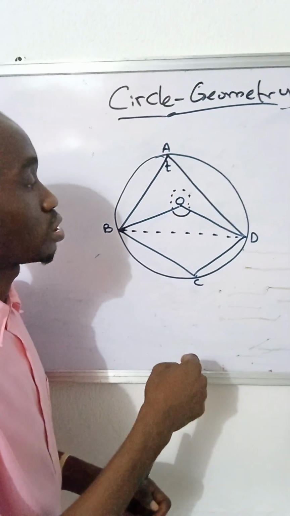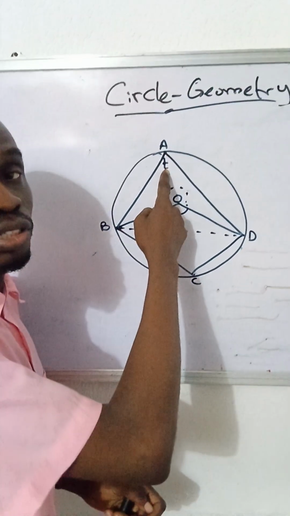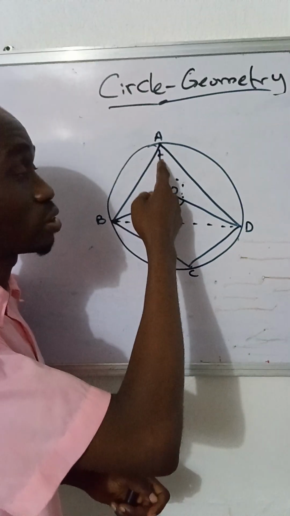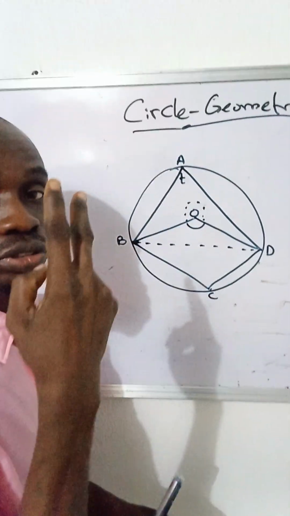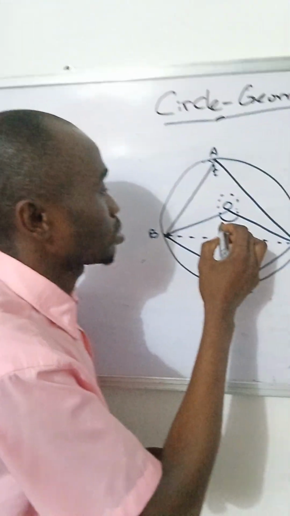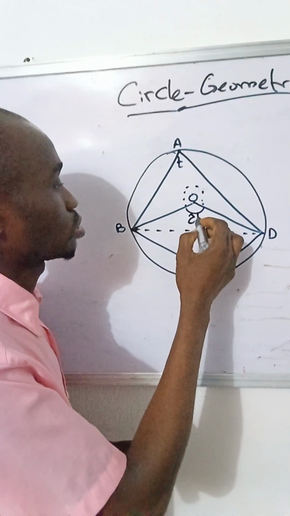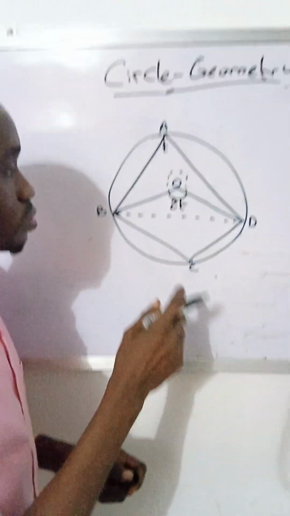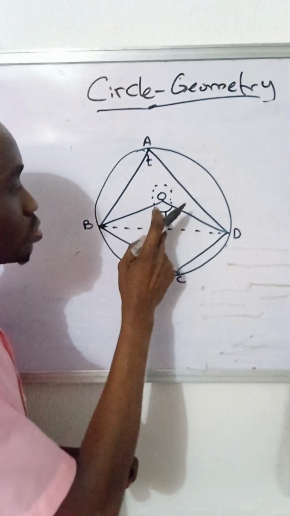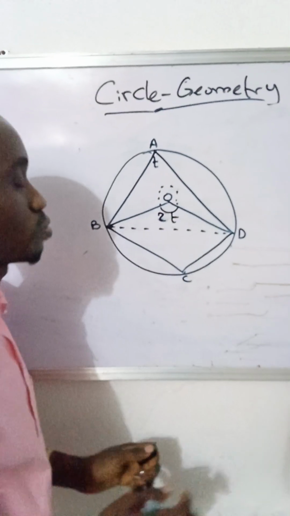That means if t is at the circumference, then the center has to be twice, that is 2t.